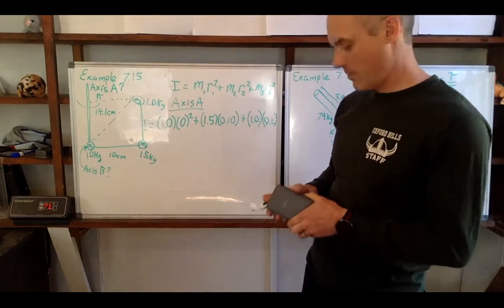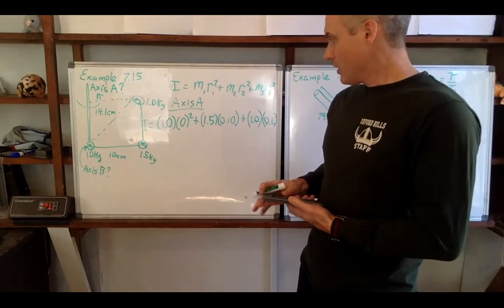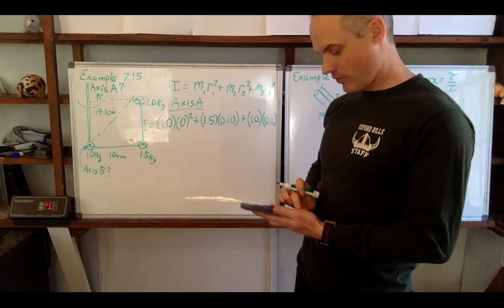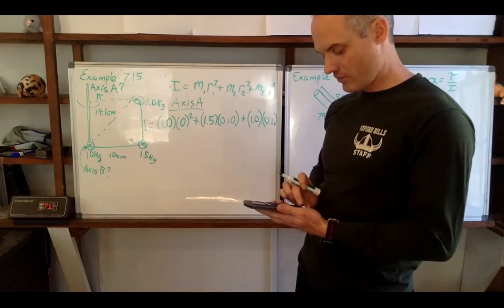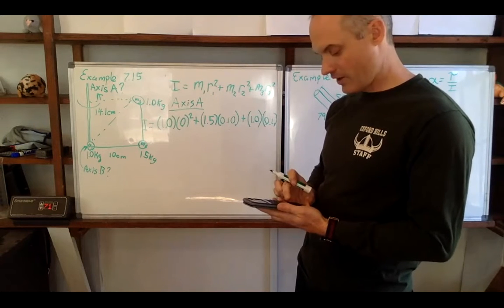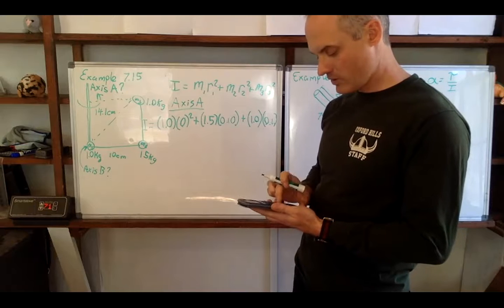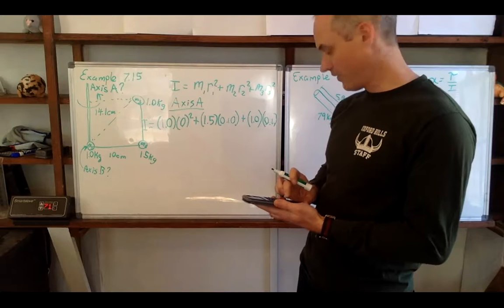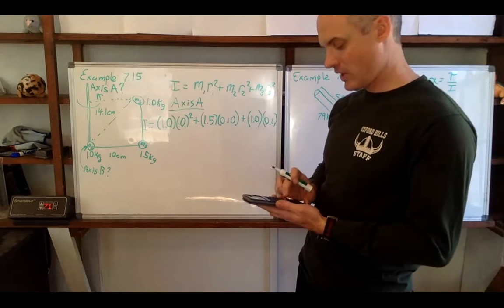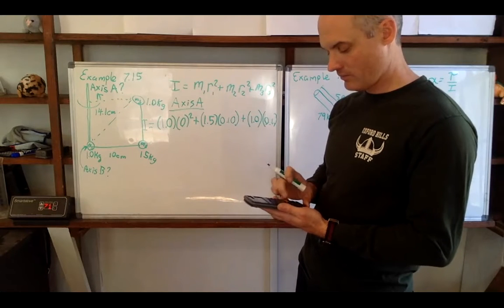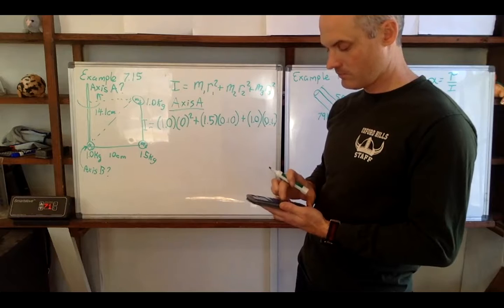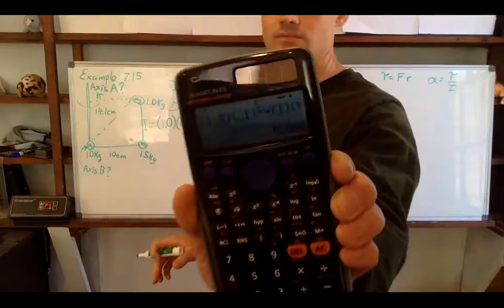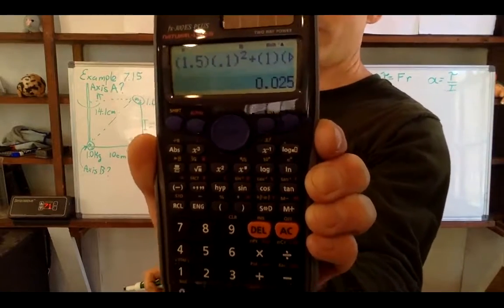So this is 0, and then we have 1.5 times 0.1, but that has to be squared. 1.5 times 0.1 squared, plus 1 times 0.1 squared, gives us 0.025.